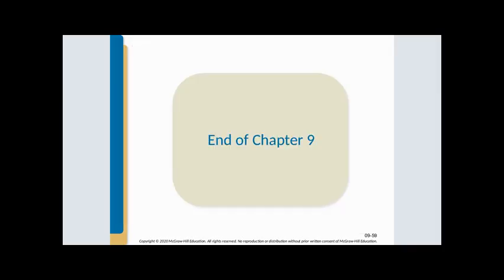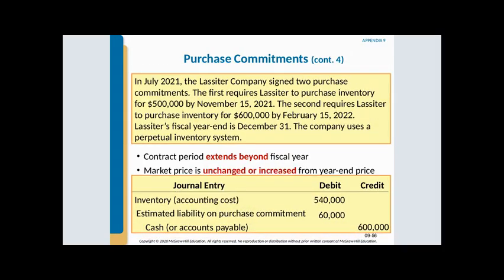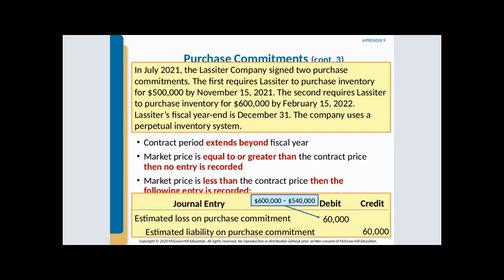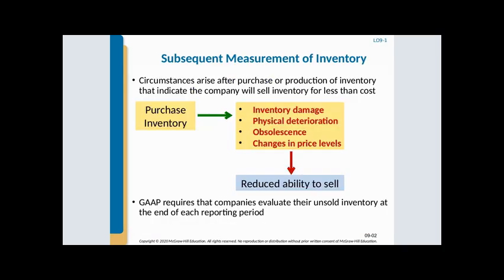Again, we're not looking at purchase commitments. So this should be a fairly easy chapter. Again, I think the items that you need to focus on would be the two methods for estimating inventory, which was the lower of cost or market and the lower of cost or net realizable value.